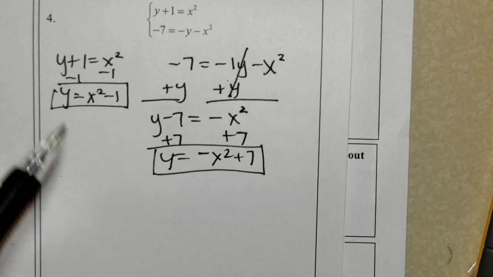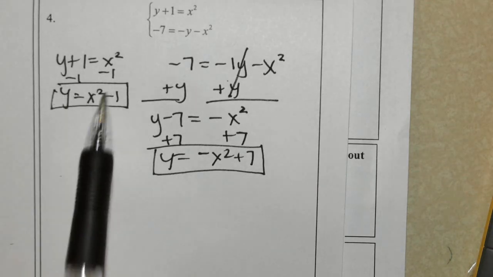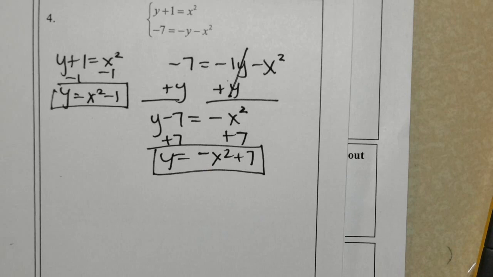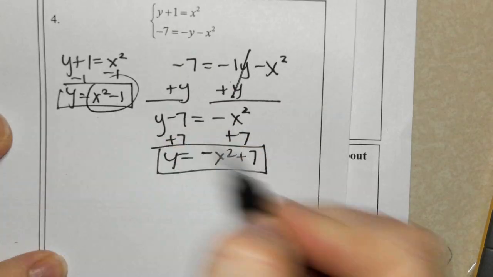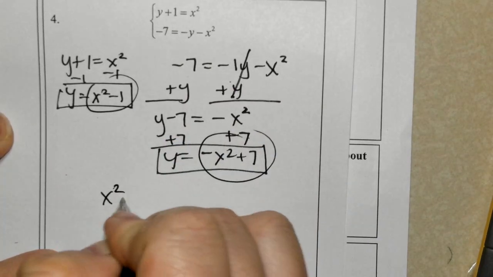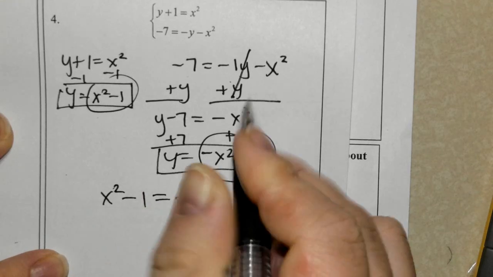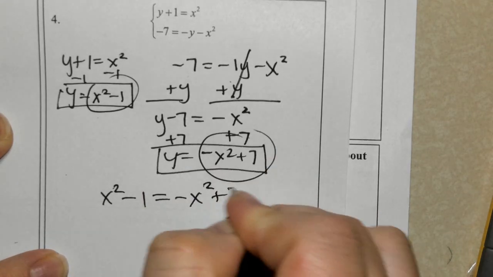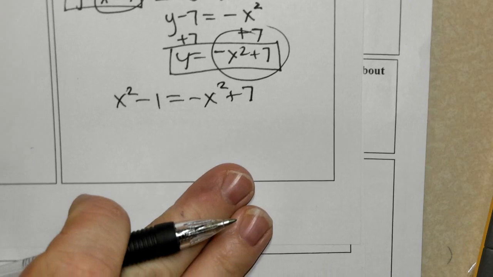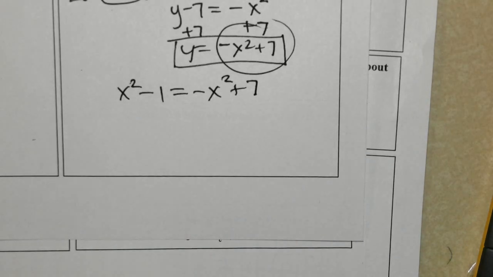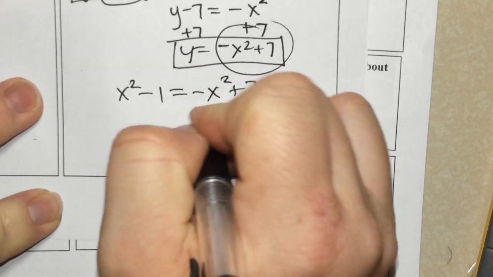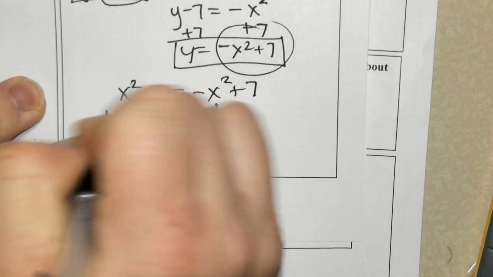Before we do anything, we need to make sure that both equations start with y equals. Now algebraically, let's take this quantity and set it equal to this quantity. X squared minus 1 equals negative x squared plus 7. I'm going to move the x squared to the same side, so I'm going to add x squared to both sides.